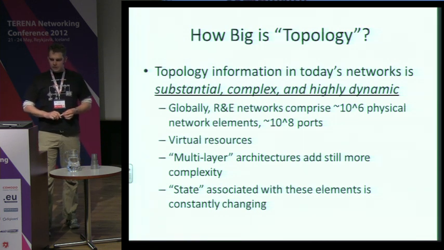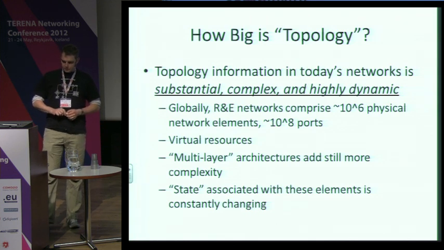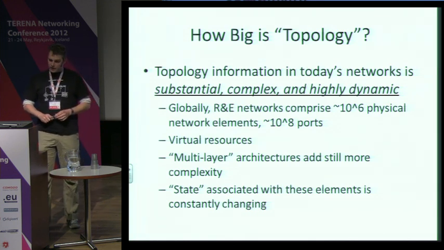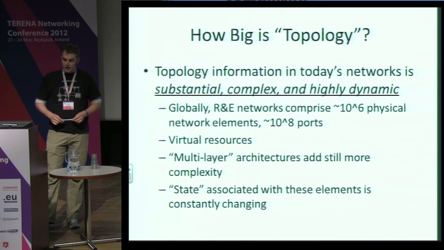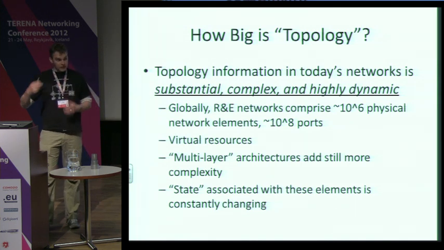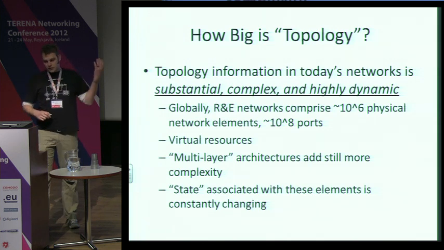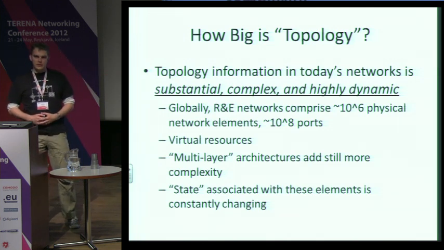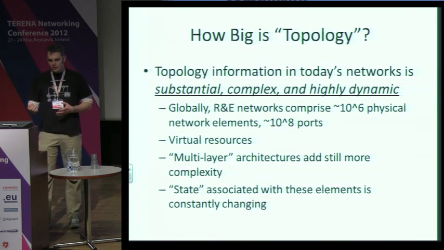If you think about the R&E networks, they have a very high number of physical network elements, which then have a very high number of ports. Not all of these are, of course, for the circuit-based network provisioning that we're looking at right now, but many of them are.